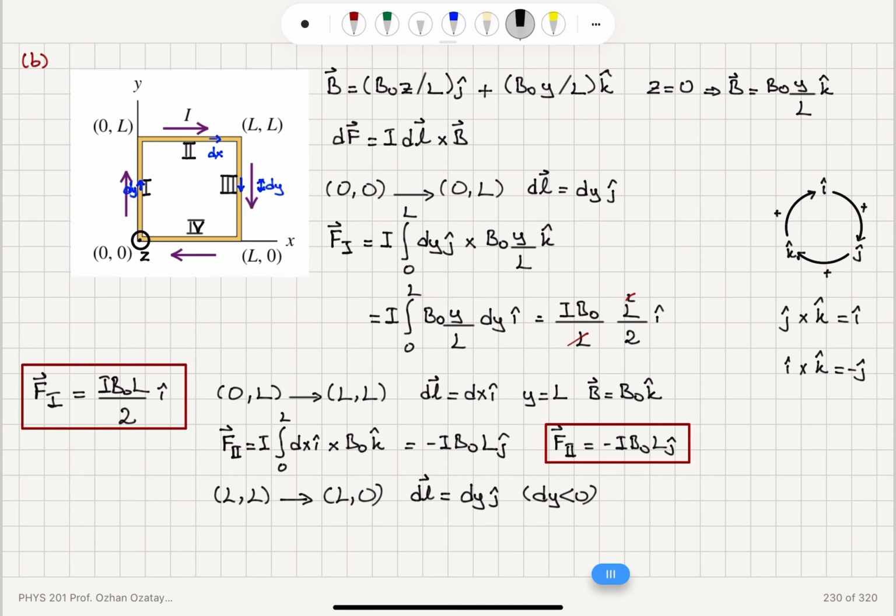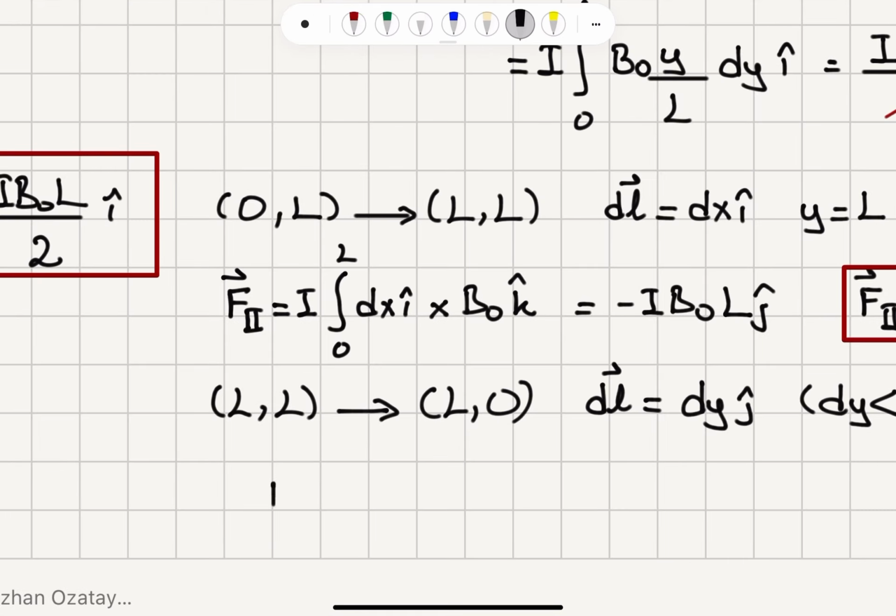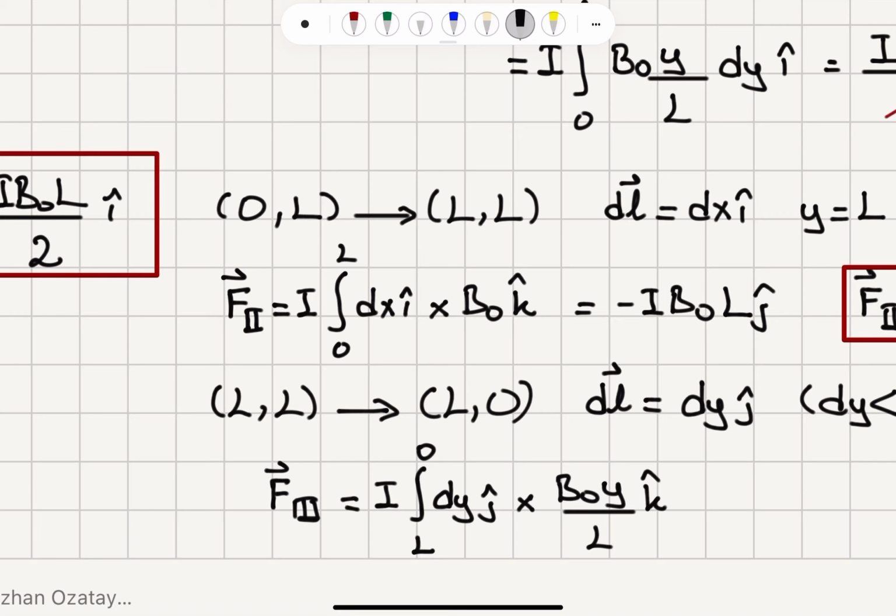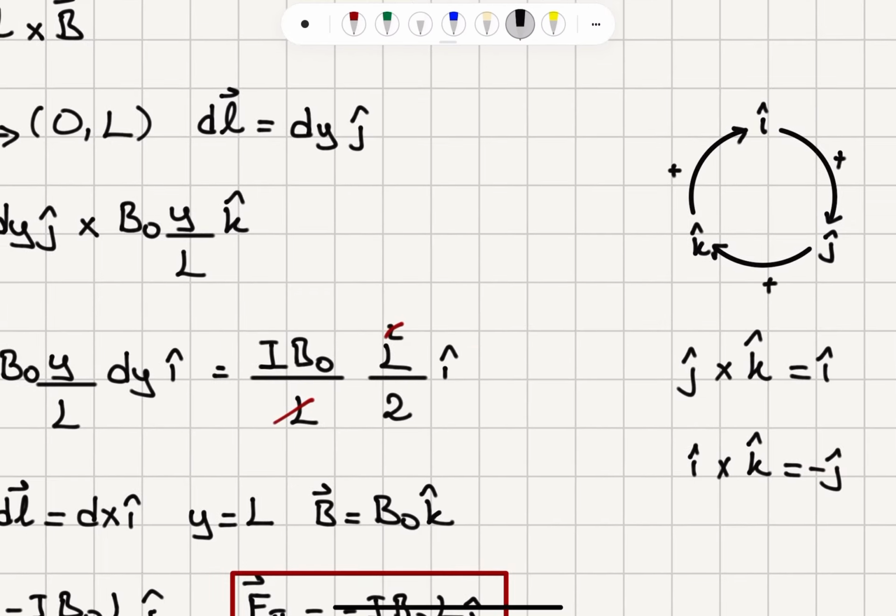Okay, so the force on the third segment can then be written as I integral y goes from capital L to 0 of dy j hat, which is my dl vector, cross product with B0 y over L in the k hat direction. What is j hat cross k hat?